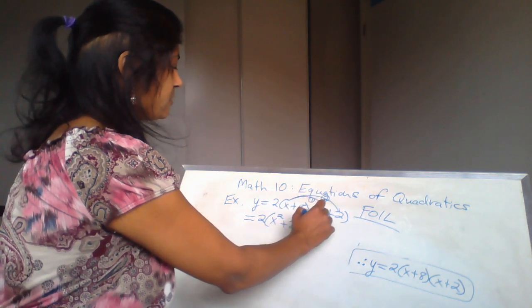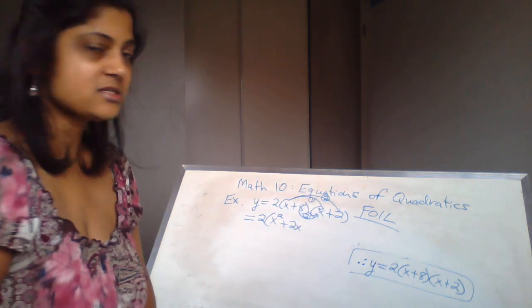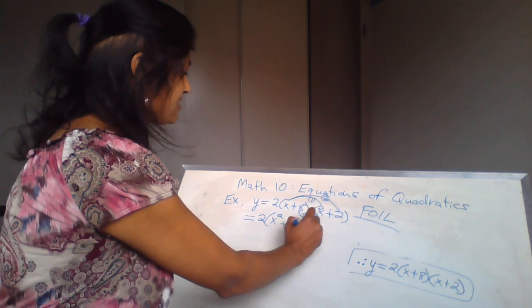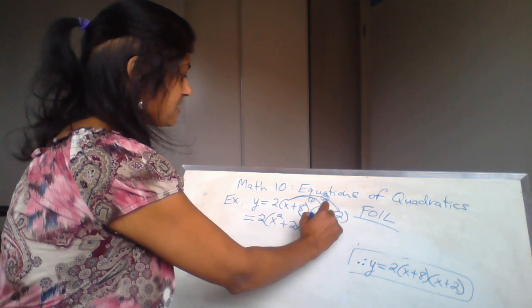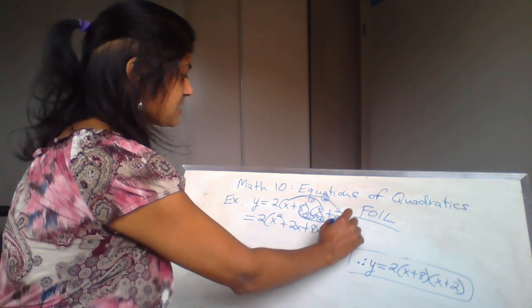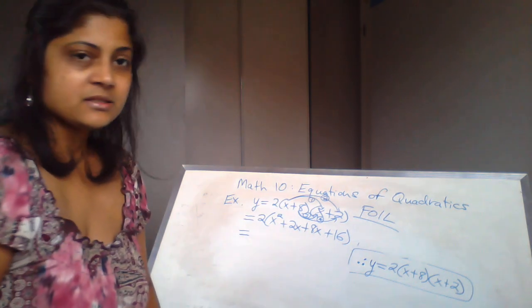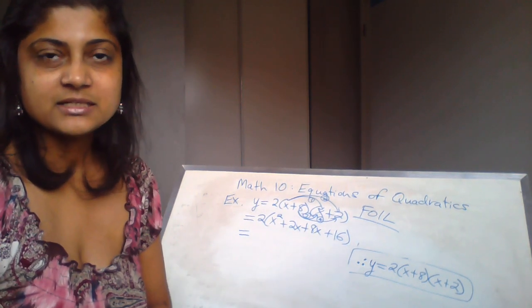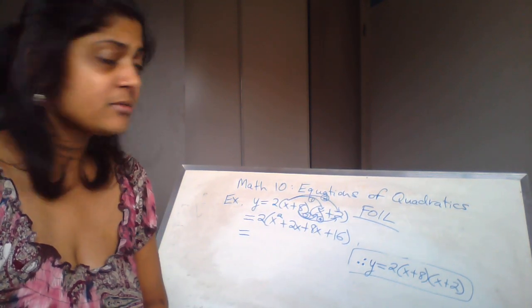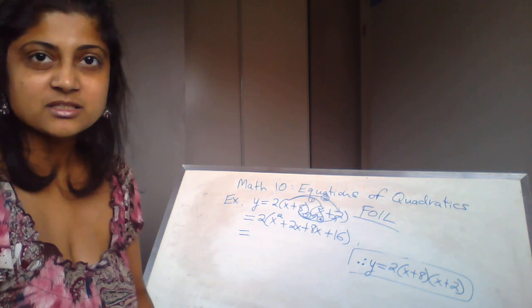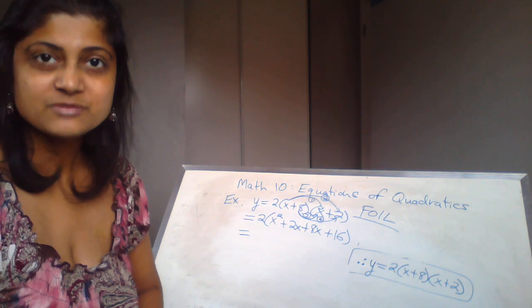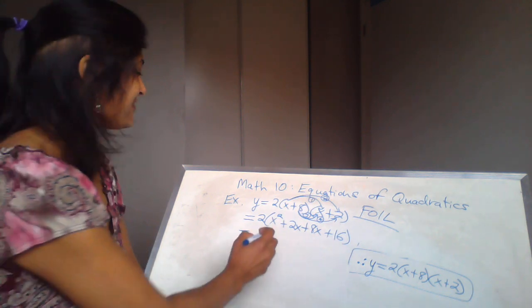Then I'm going to do the middle one, so 8 times x, which is 8x. And lastly, we're going to do 8 times 2, which is positive 16. You can see it's easier to FOIL out the binomials first, rather than putting the 2 into the mix there. So leave the 2 outside until the very end.